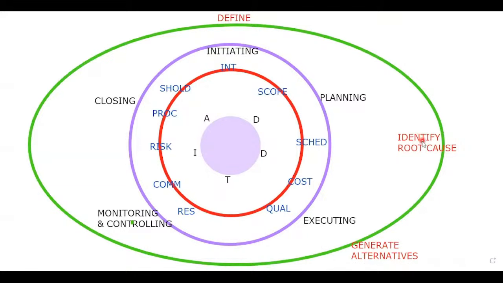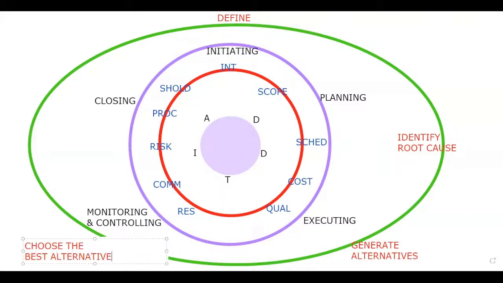You want to identify the root cause of the problem, then mentally generate alternatives, even though the question has, of course, alternatives, but it does pay off when you think about the alternative yourself, and that helps you validate, as it were, if you're on the right track when you finally see the options posed by the PMI. So you generate the alternative and then choose the best alternative, okay?